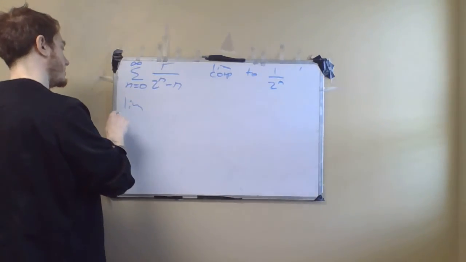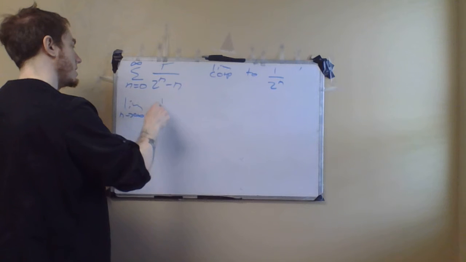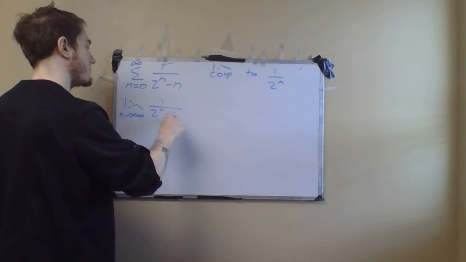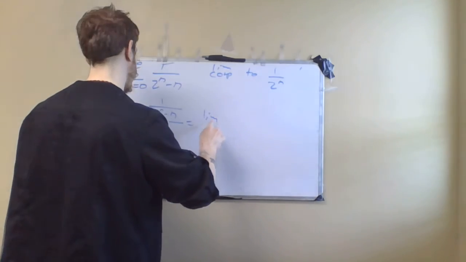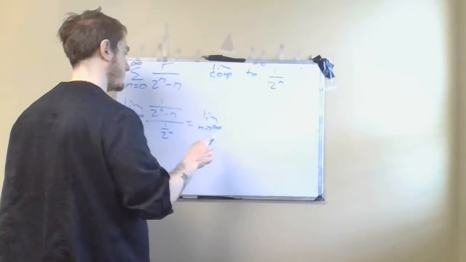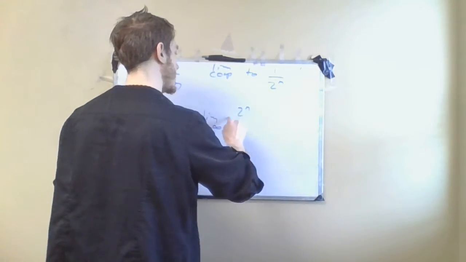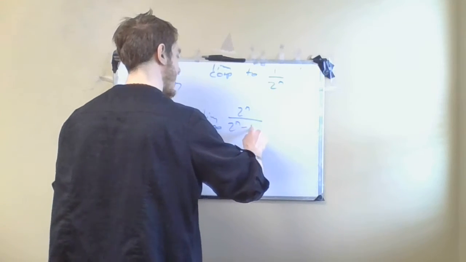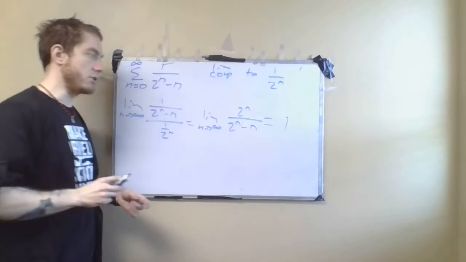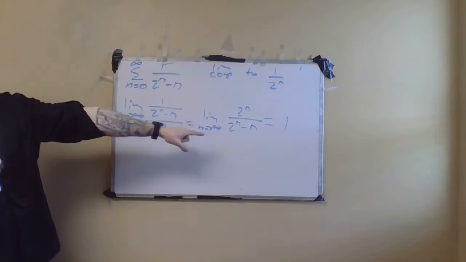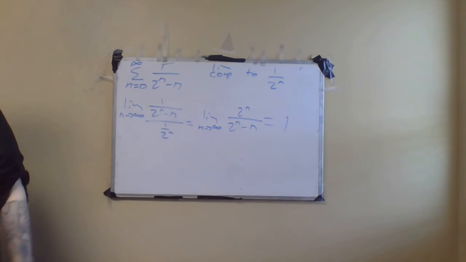Then I'm going to have the limit as n goes to infinity of 1 over 2 to the n minus n divided by 1 over 2 to the n. This is the limit as n approaches infinity of 2 to the n divided by 2 to the n minus n. And this comes out to be 1. You can work out this limit by using L'Hopital's rule if you want to.